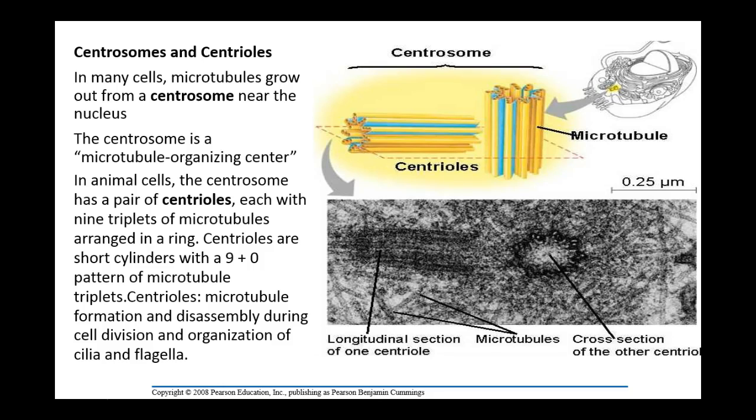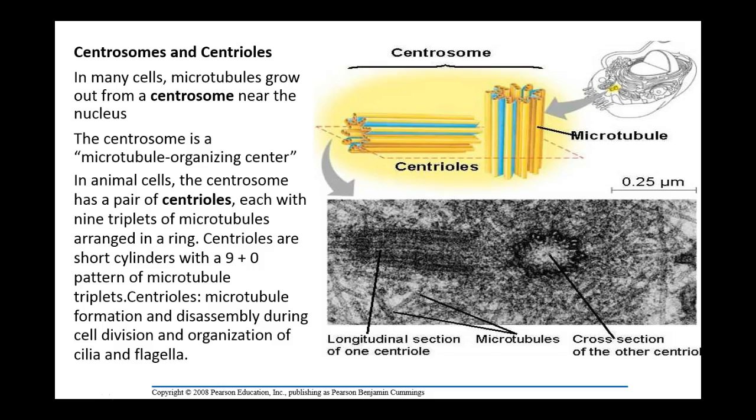It's called this 9-triplet design, and that design allows it to actually grow in length in a quicker way. But centrioles are needed for cell division. If there are no centrioles, the cell division won't proceed properly.